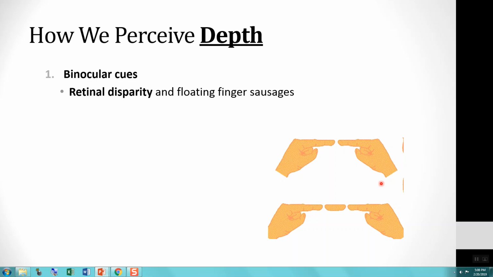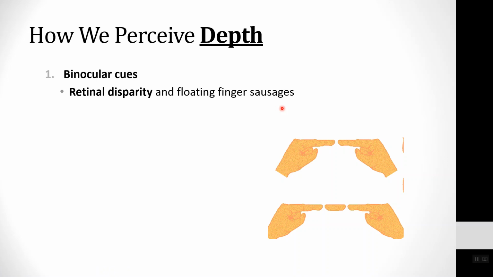So what's that telling you? When something's close to your face, your brain interprets the retinal disparity as being great because you have two very different images coming in from each of your eyes. And because it's like, whoa, these are different, you can interpret that as, oh, these fingers are really close to my face.